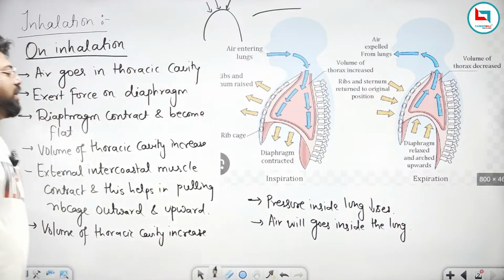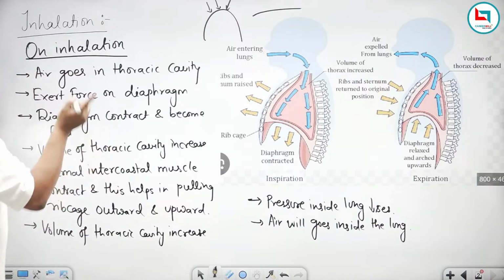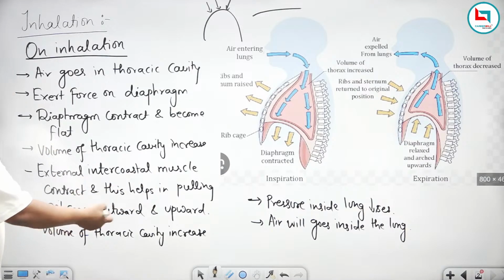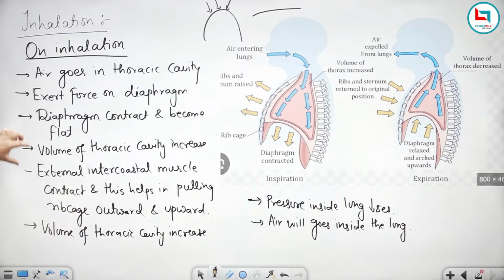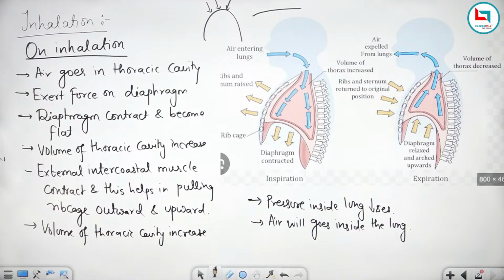So this is how inhalation takes place. First of all, air goes in the thoracic cavity. It exerts a force on the diaphragm. The diaphragm contracts and becomes flat, as well as the external intercostal muscle contracts, and this helps in pulling the rib cage outward and upward. Due to these two phenomena, contraction of the diaphragm and movement of the external intercostal muscle, the volume of the thoracic cavity increases. And when the volume gets increased, the pressure inside the lung decreases and the air goes inside the lung. So this is the mechanism of inhalation.